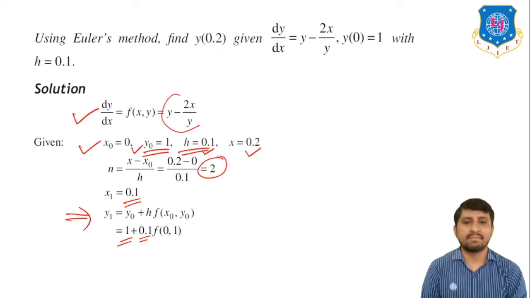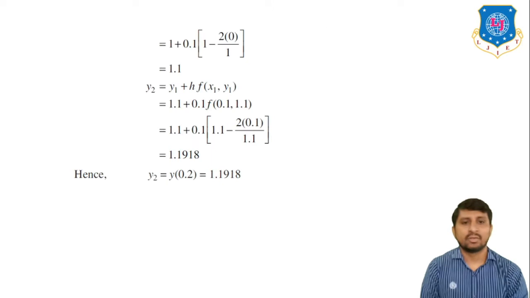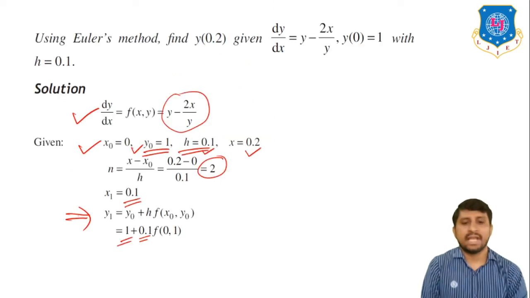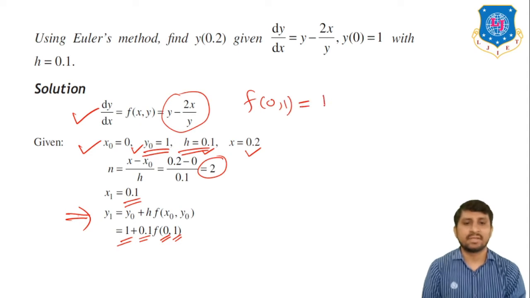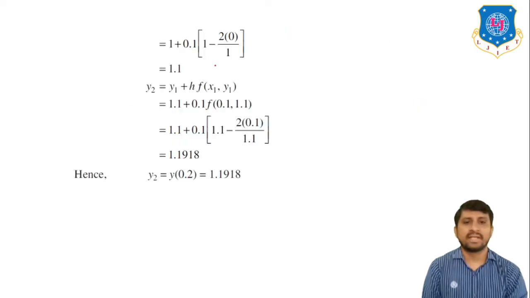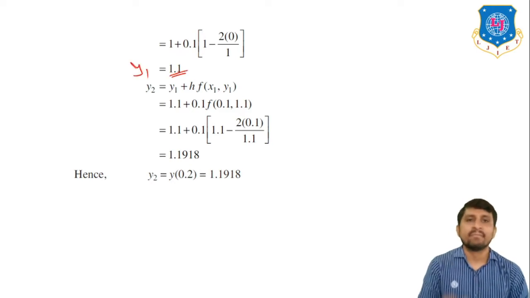The function is y minus 2x upon y. So f of 0, 1 means instead of x you take 0, and instead of y you take 1. So f of 0, 1 is nothing but 1 minus 2 into 0 upon 1, so you will get 1. So 1 plus 0.1 into 1, so y1 is 1.1.